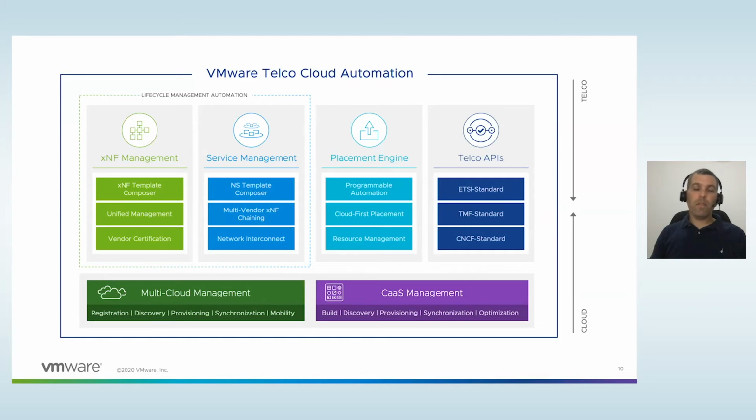There is a main difference between how you run automation in traditional IT networks and how you run automation in the network side of the service provider. The telco API part of TCA is the part that gives us the edge and the capability to integrate into any network. Most of the other components of the TCA will look similar to other automation platforms.